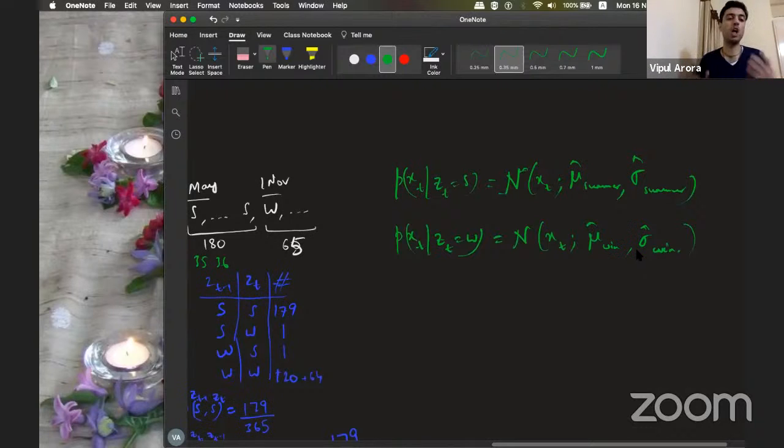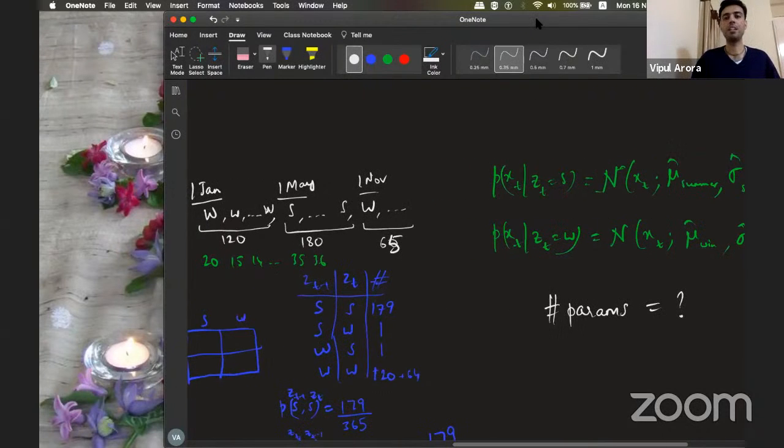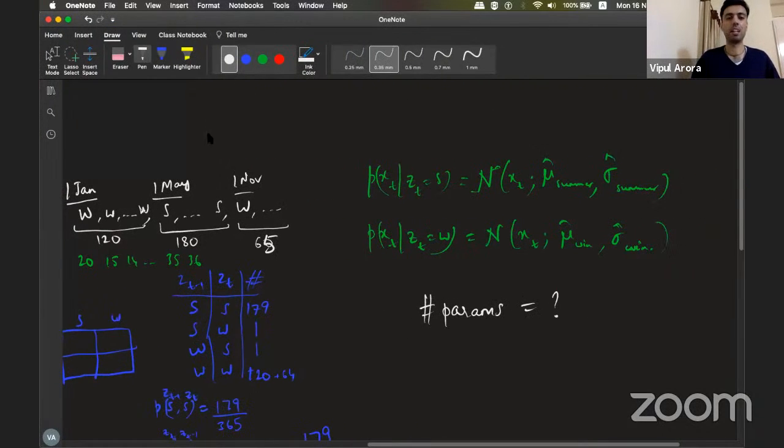Okay, tell me quickly how many hyperparameters are there for this model? How many tunable hyperparameters were there for this model? Tell me, let's see who tells first. For this model, how many hyperparameters are there?